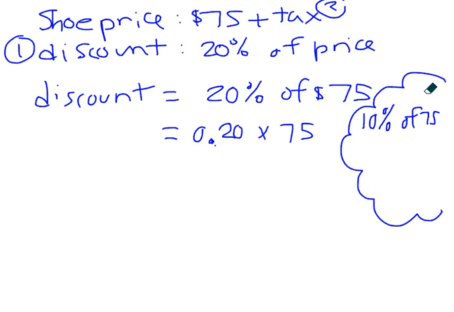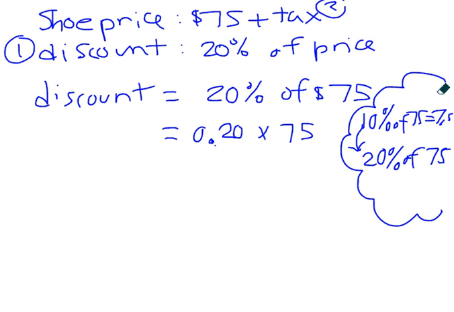So if you take 75 and you divide by 10, you would get 7.5. So 10% of 75 is 7.5.